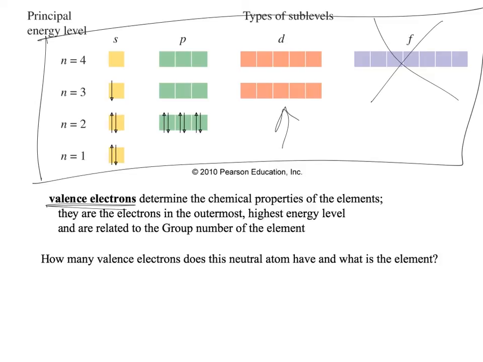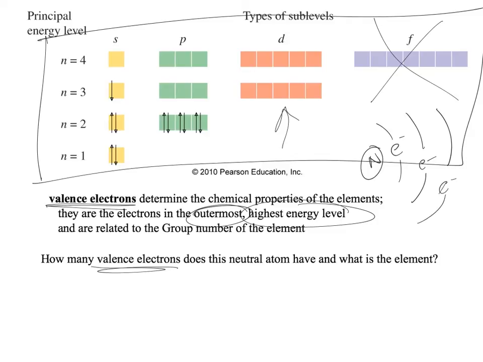What is a valence electron, and why do we need to know what they are? Valence electrons, also called valence shell electrons, are the outermost, highest energy level electrons. If you think about electrons around the nucleus, and a lot of people do, unfortunately, but we'll go with this thinking, like rings around Saturn, the valence electrons would be the outermost ones.